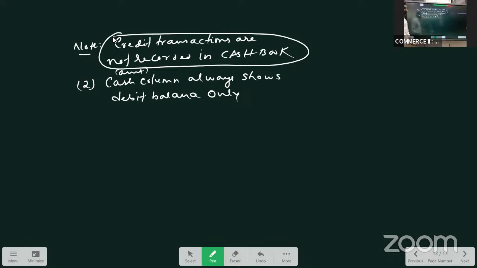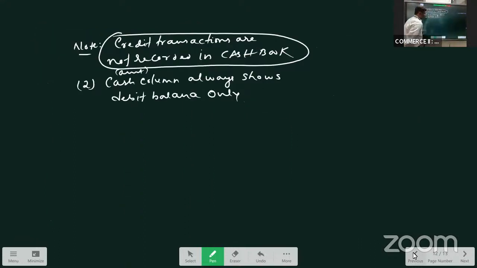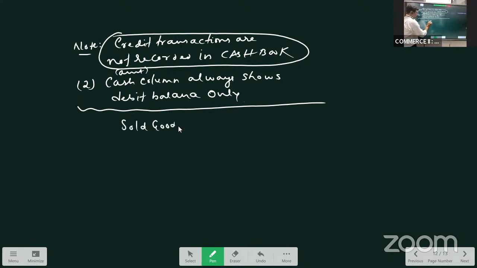Remember, whenever the simple name of the party is given, then it is a credit transaction and we will not take that transaction.